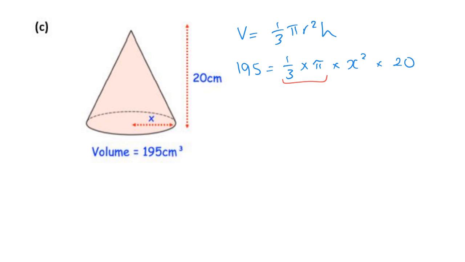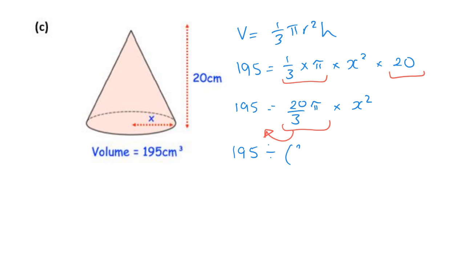And this time if we multiply a third by pi by 20, we get 20 over 3 pi by x squared. We want to then bring this across, and it becomes divide by 20 over 3 pi. Now this time, instead of getting x, we'll get x squared.